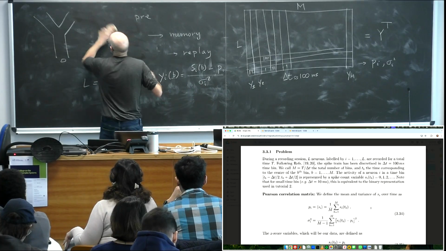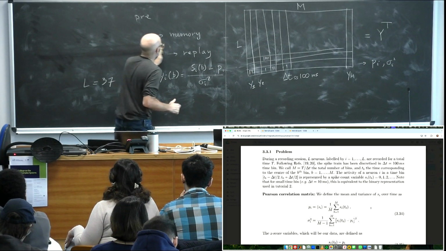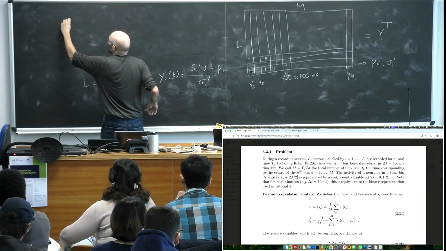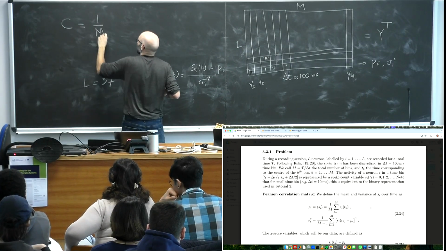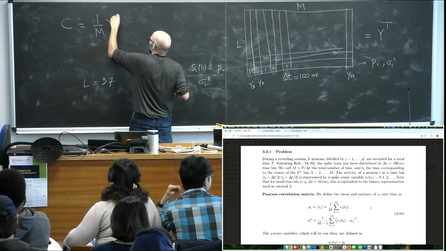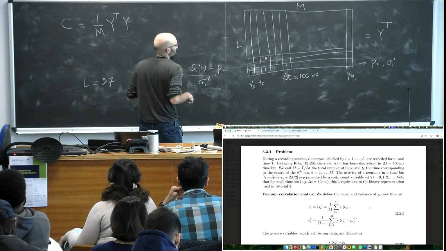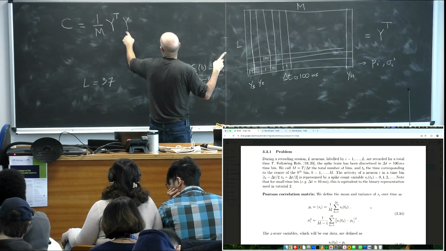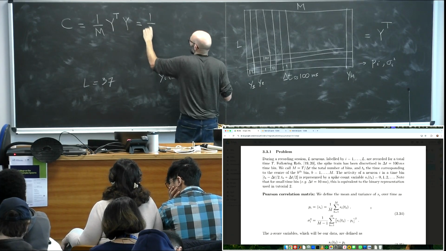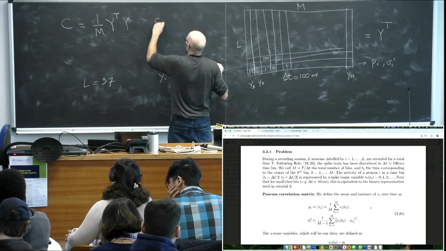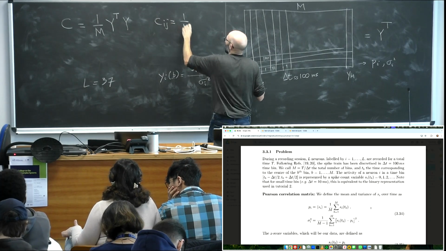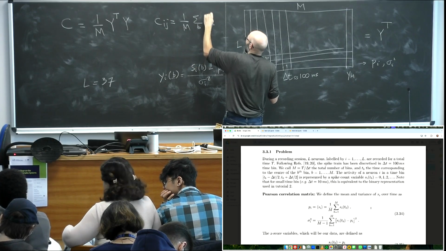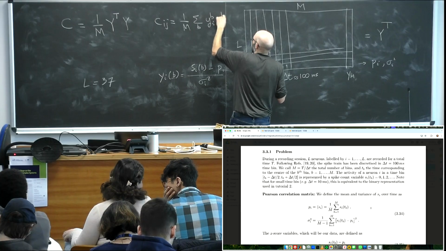So from the matrix Y, you compute C, which is 1 over m Y transpose Y. Y is m times L, so this is L times L. So C_ij is going to be 1 over m times the sum over b of y_ib y_jb.